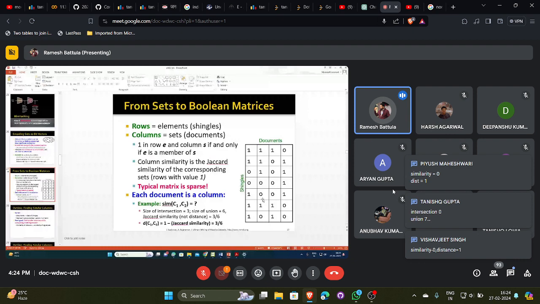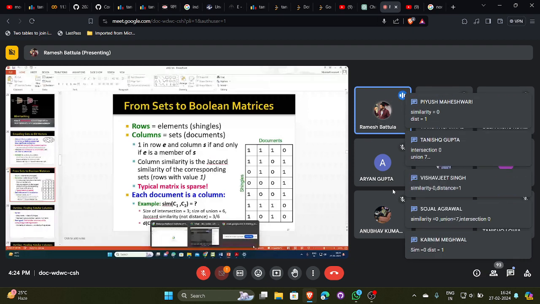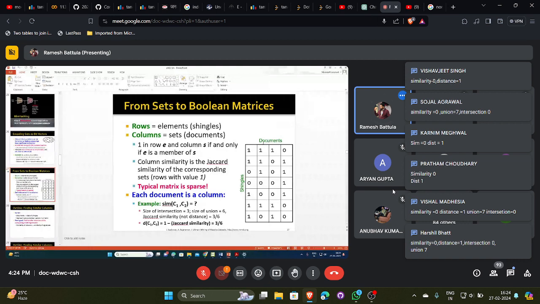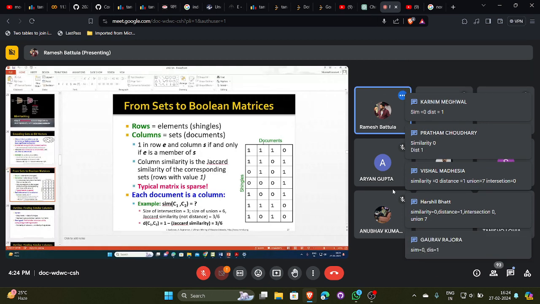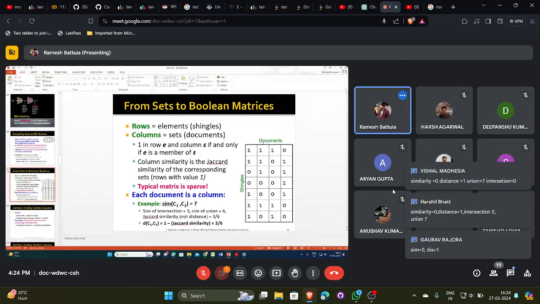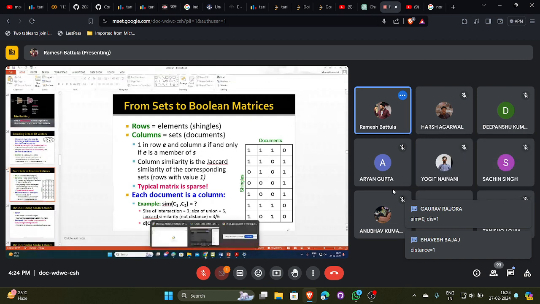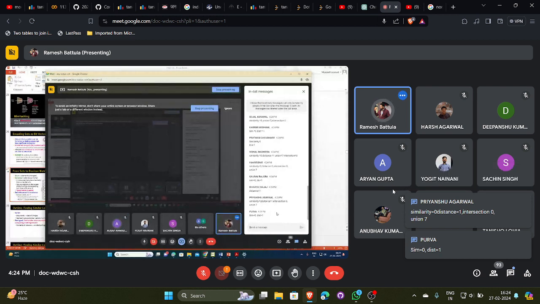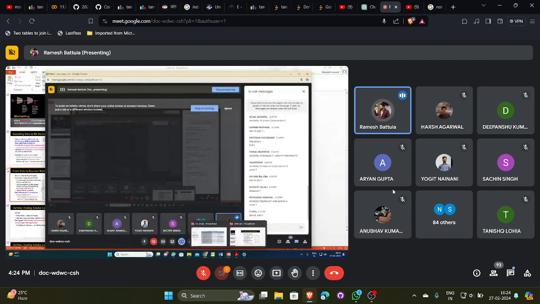The same thing, can you do it for C2 and C3 quickly? You can solve for C2 and C3 also. So I'm showing C2 and C3.